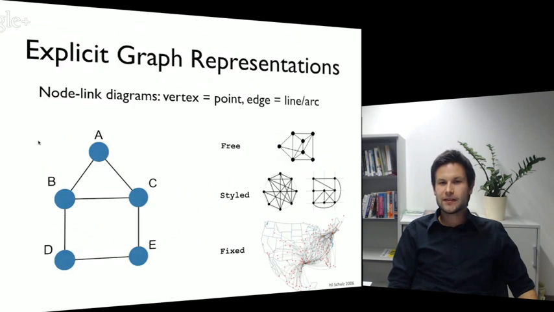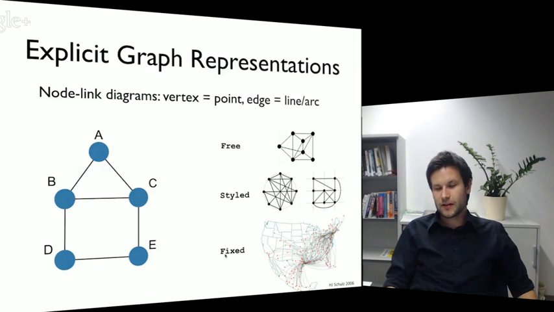Okay, let's start with node link diagrams. In a node link diagram, we have nodes, which are points or some kind of objects, and we connect them using lines or arcs. Yeah? And we could use different layouts, like we could just arrange the nodes in any kind of shape, along a grid, like in this case, or along a circle, like in this case.